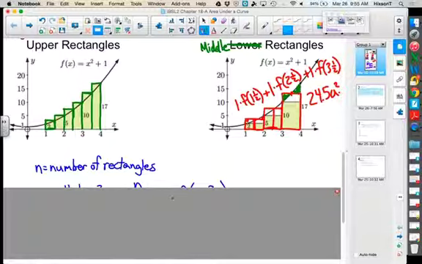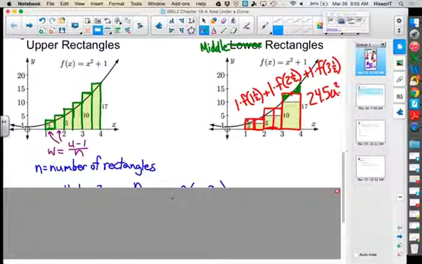Each of these intervals is going to have a width equal to the right-hand side of our interval, 4, minus the left-hand side, because that tells us our interval is 3 units long, divided by n, however many rectangles we want.